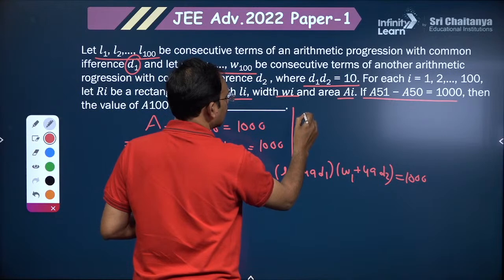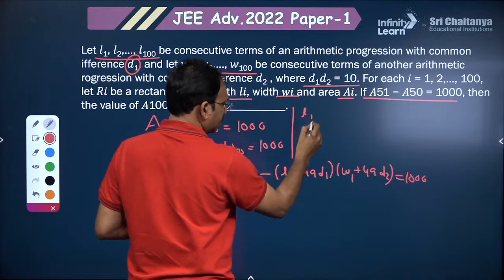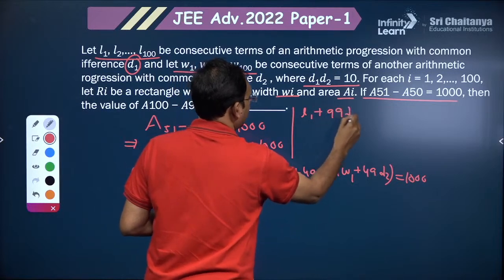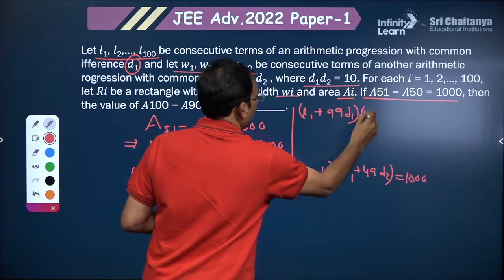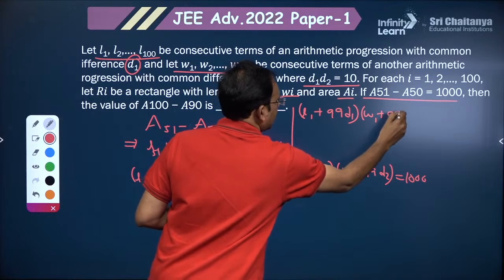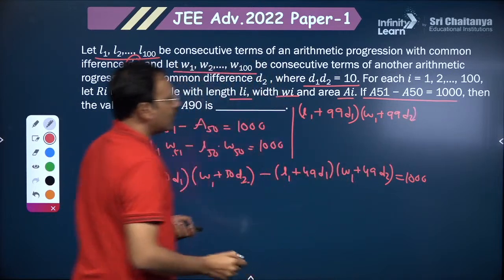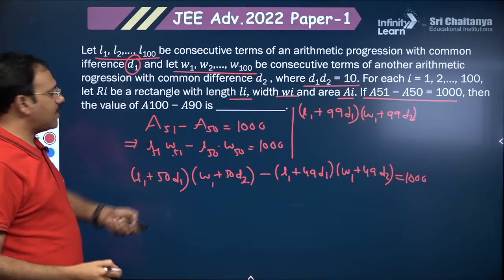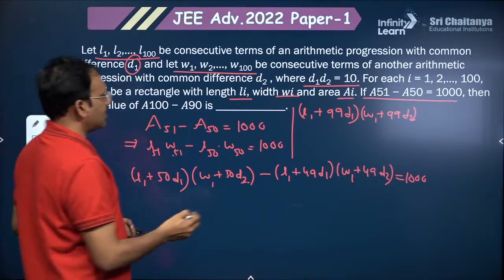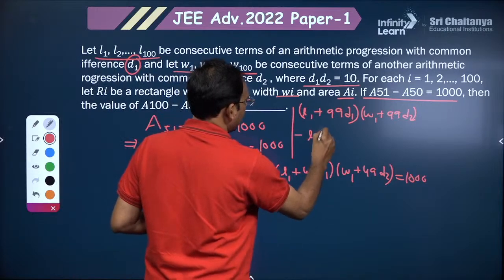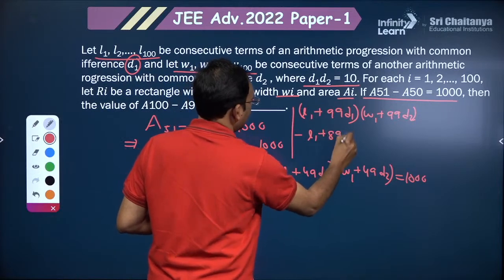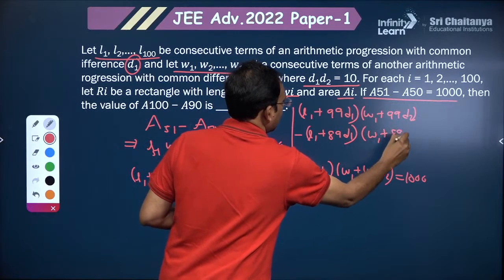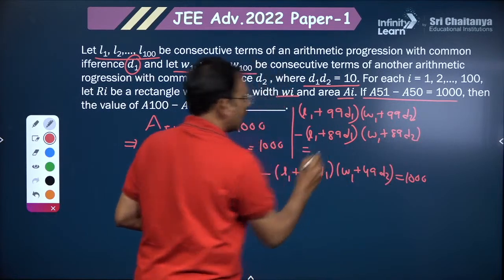A100 means L1 plus 99 D1 into W1 plus 99 D2, because this is the area of the 100th term, minus A90, which is L1 plus 89 D1 into W1 plus 89 D2. This expression's value is required.